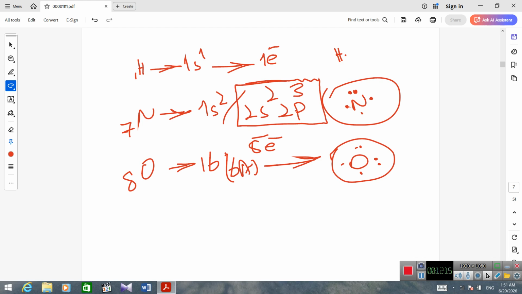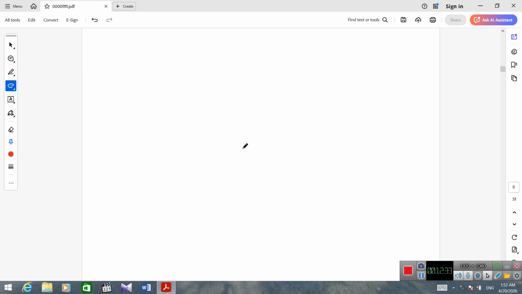And finally, I want to explain how we can draw the Lewis structures, firstly for diatomic molecules, and secondly for multi-atomic molecules.